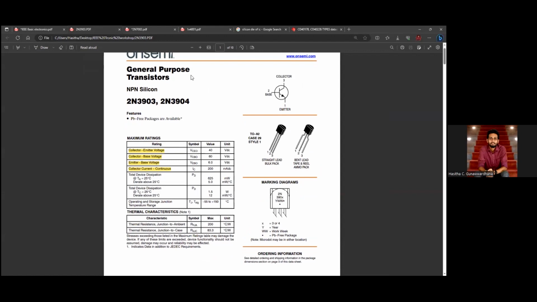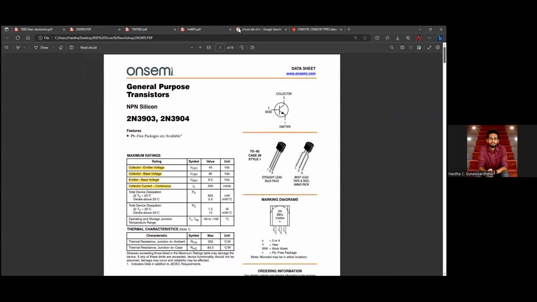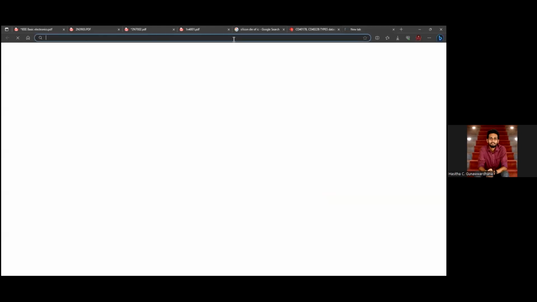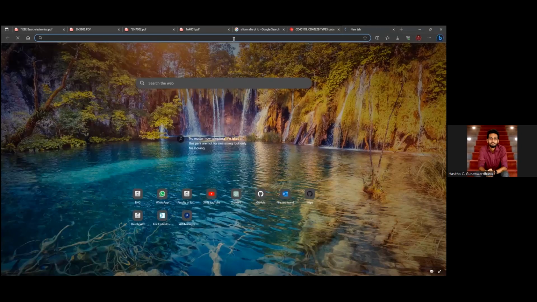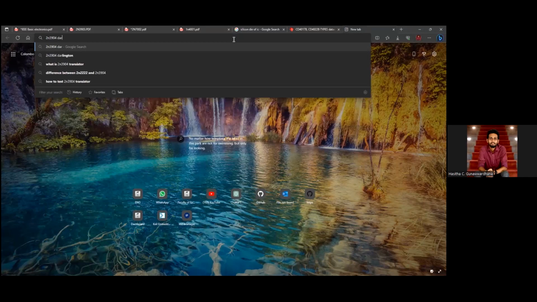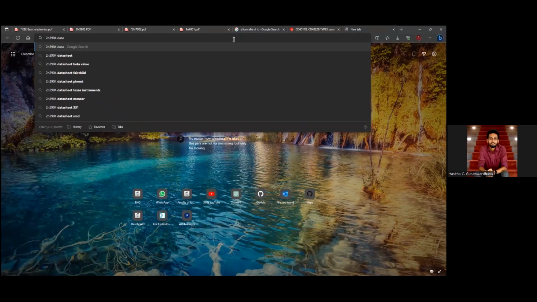I think you know every electronic component has a data sheet. If you have internet, you can simply type the transistor number, or IC number or whatever number, and then data sheet.